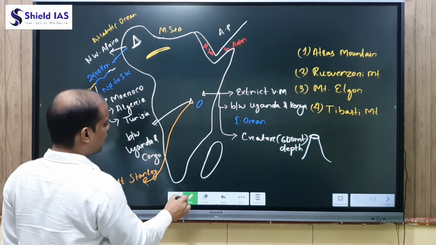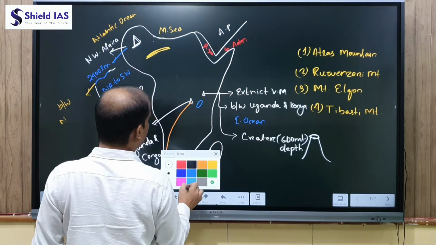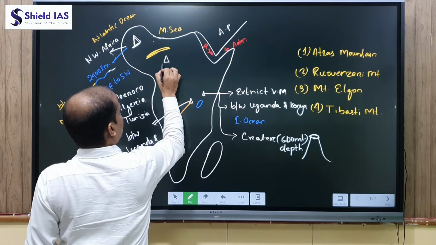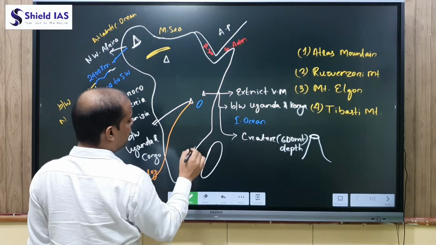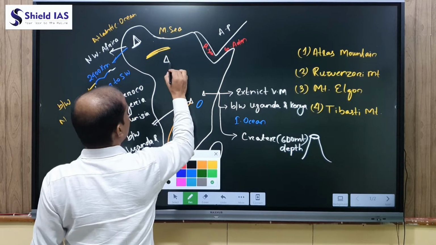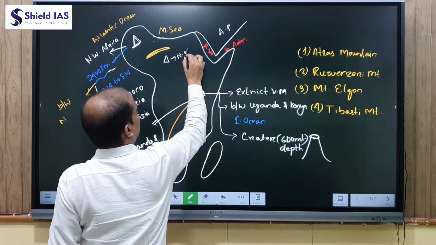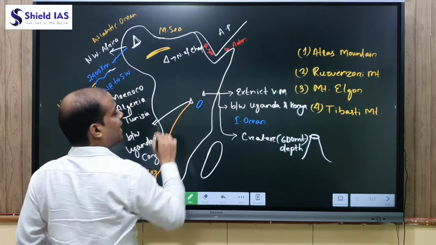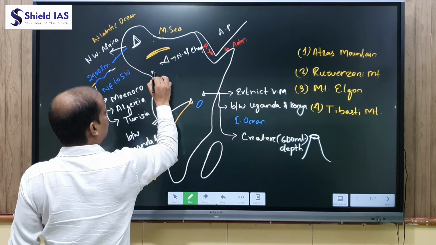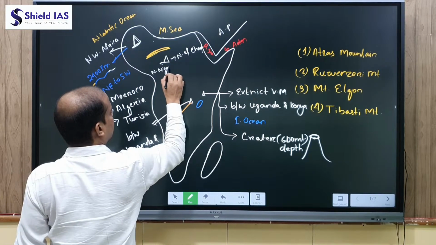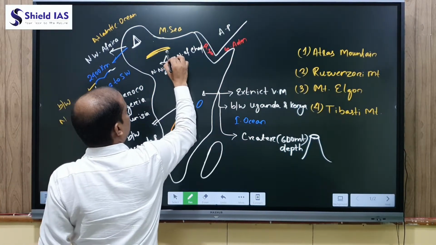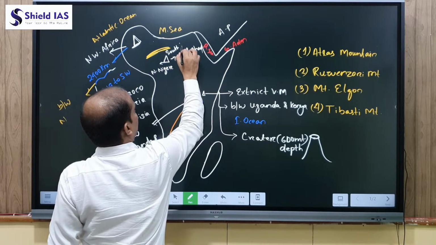The Tibesti mountain is situated in the north of Chad, and it extends westward into the northern part of Niger, and further north it extends up to the south of Libya.